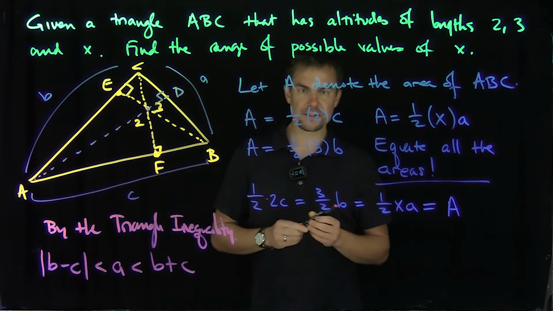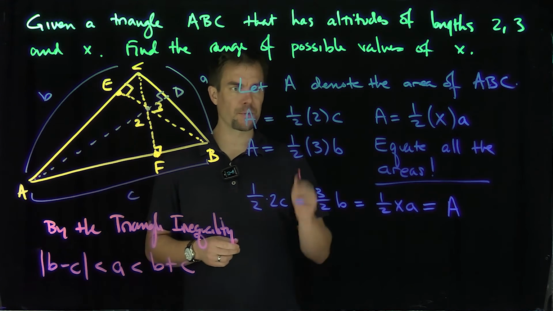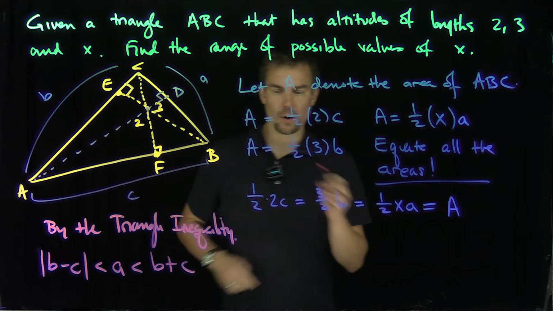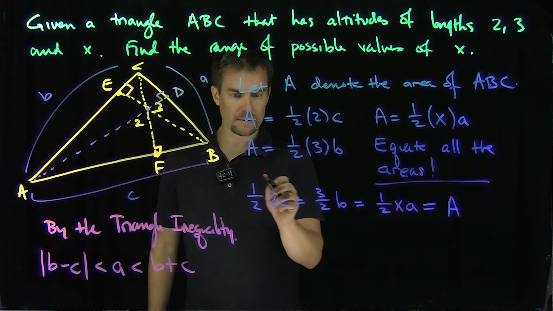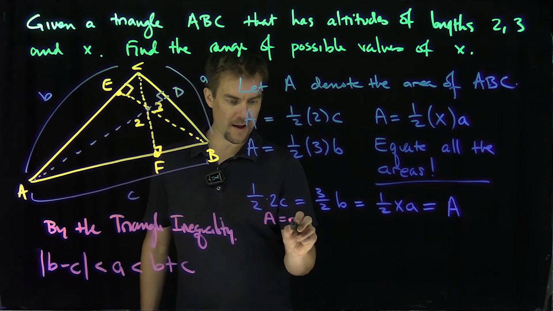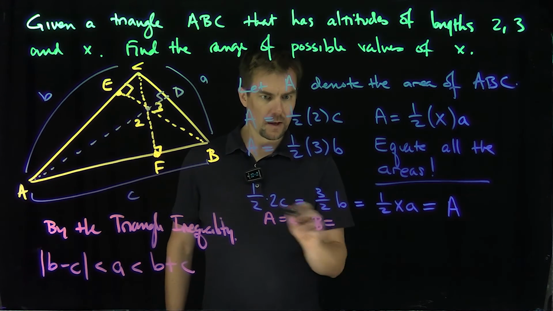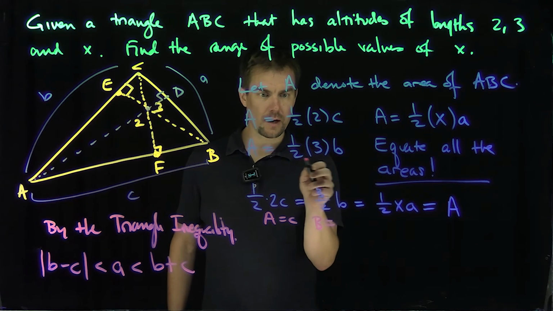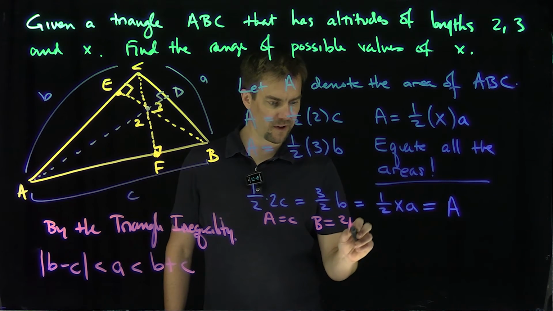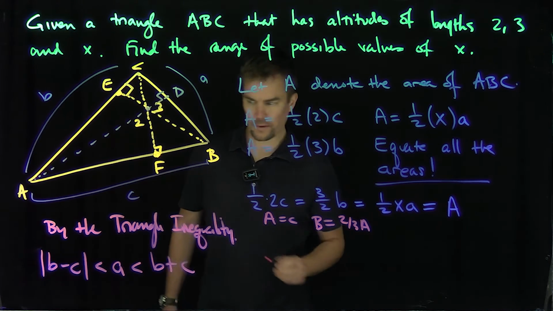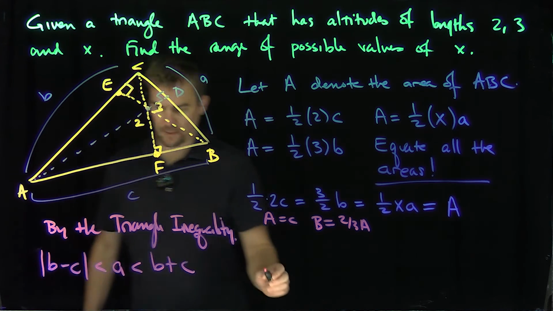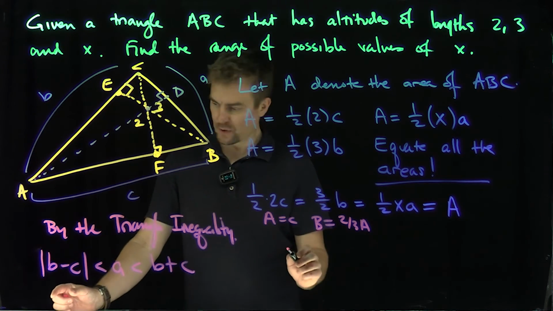And so now we can fill those things in. What's B minus C? We know that C is equal to the area, and B is two-thirds of the area. So B minus C in modulus is just the area over 3.